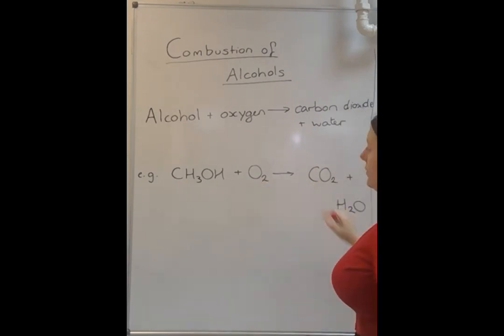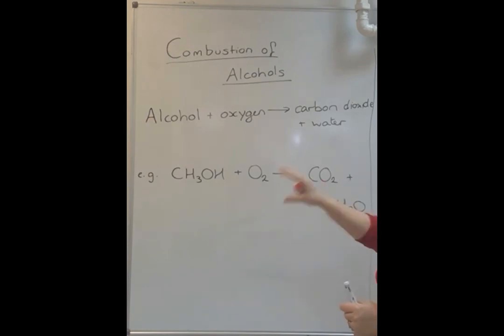The number of carbons is 1 on the left and 1 on the right, so we don't need to do anything to that. The second thing we're going to do is look at the number of hydrogens. We've got 4 hydrogens on the left and only 2 on the right. So I'm going to add a 2 in front of my water there.